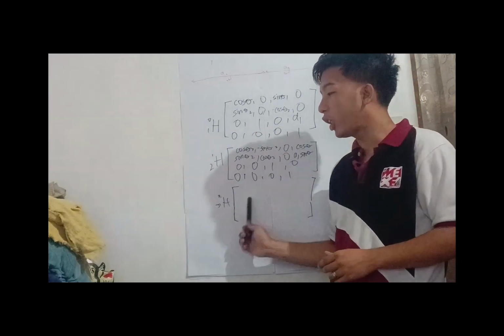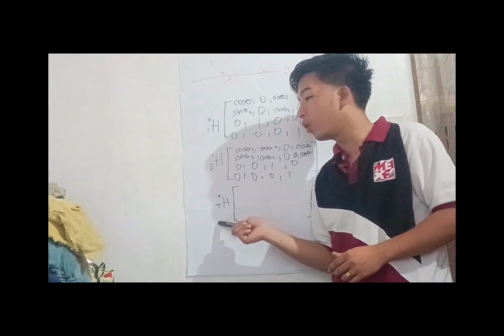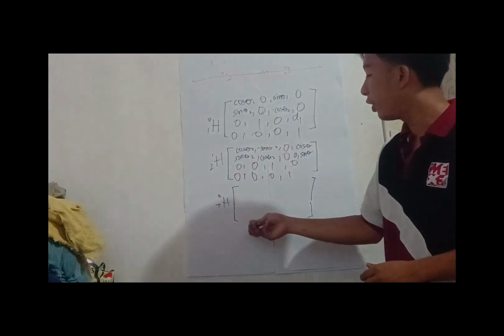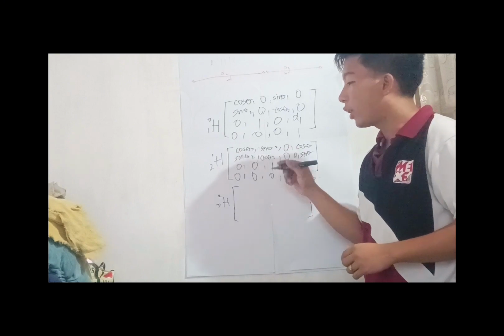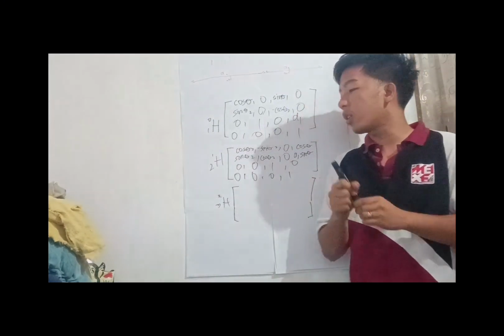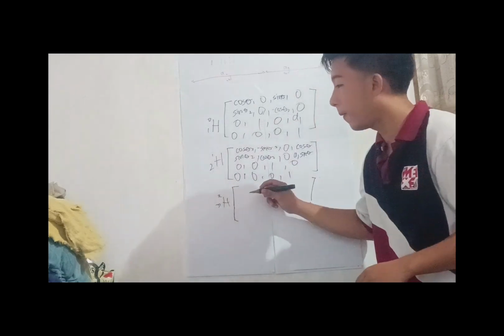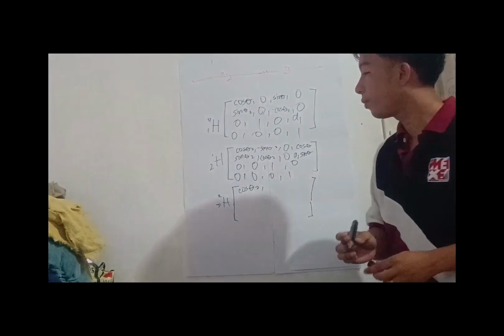Based on the DH parameter, theta is equal to 0 plus theta 2, equal to 0 degrees, and r equal to A2. So cosine theta 2 represents the cosine of the angle.